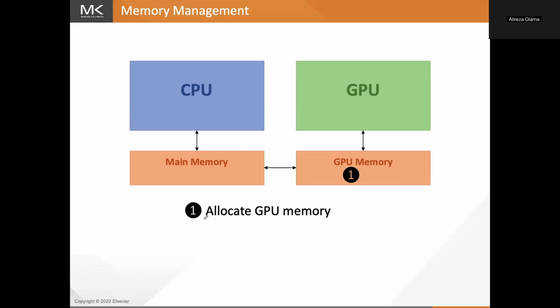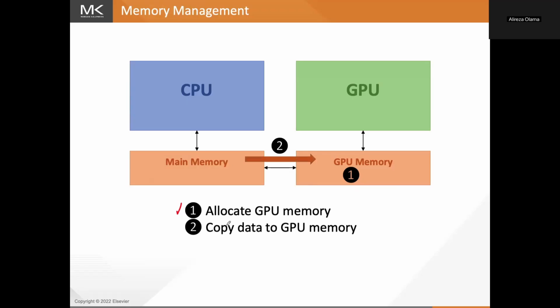So the first thing that you need to do is to allocate memory on the GPU, okay? And CUDA provides some specific APIs for this GPU data allocation. It's similar to malloc that we use for allocating memory on the main memory or on the host memory. But when it comes to CUDA, CUDA has its own API calls.